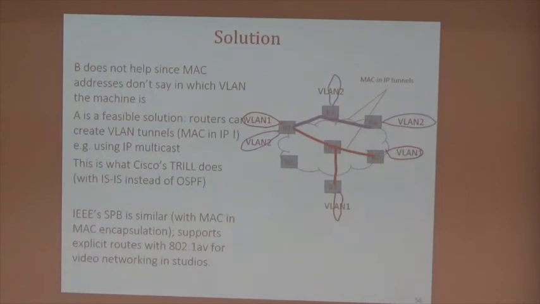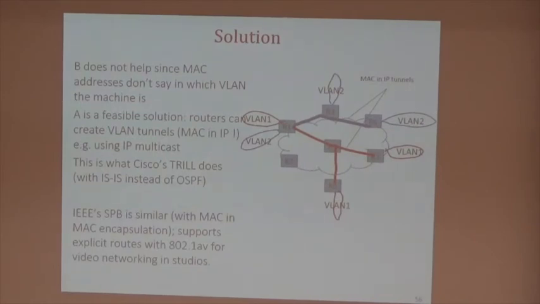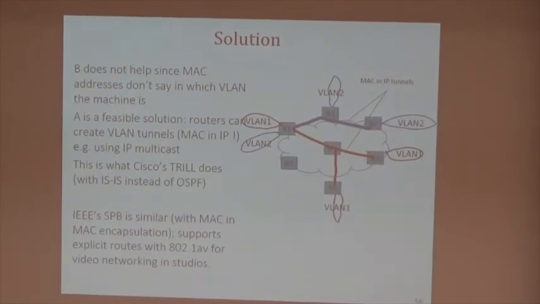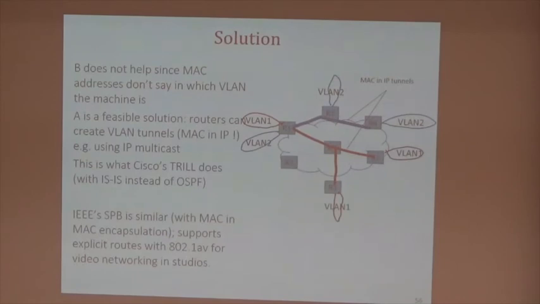Why will it be more efficient? Why is shortest path routing more efficient than the way bridges organize themselves when they use a spanning tree?